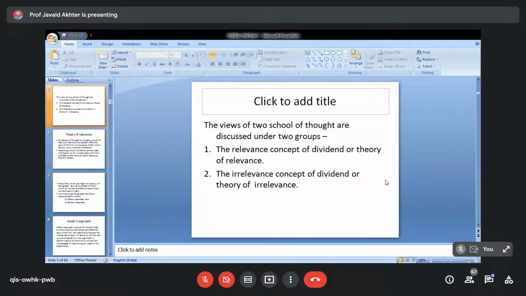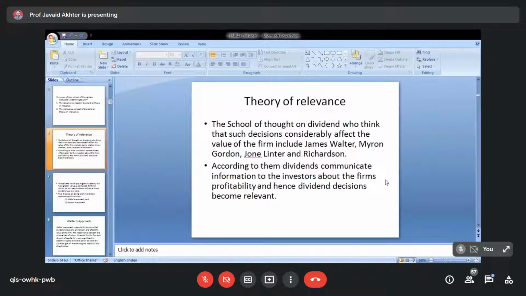So same thing which I have explained to you before. One theory is known as the dividend relevance theory, and the other is the dividend irrelevance theory. Now we come to the theory of relevance first. There are certain authors who are of the opinion that dividend decisions do matter.